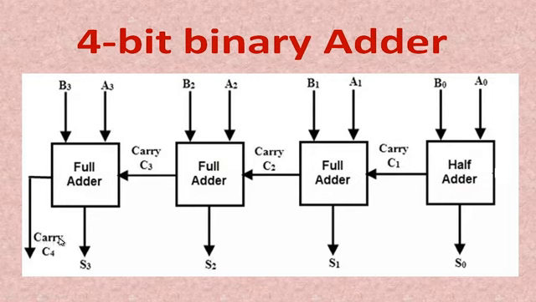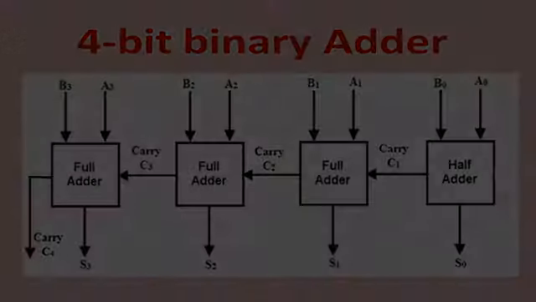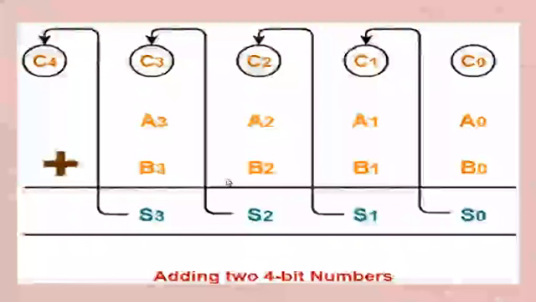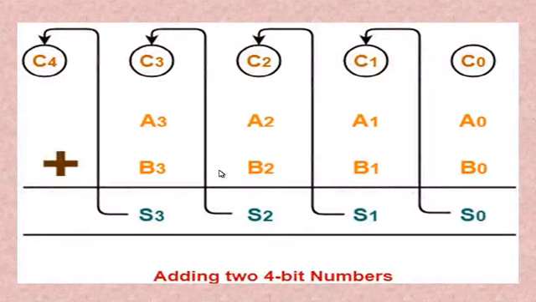Is that clear, students? Now let us see how this full adder performs addition with the help of an example. If we have to perform two 4-bit binary additions, then A is the augend here, while B is the addend and S is the resultant sum.